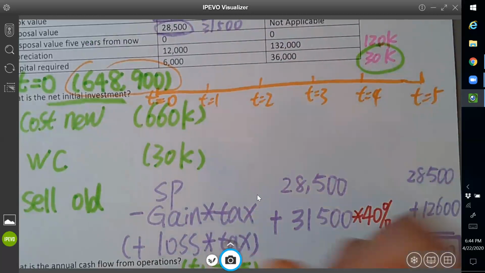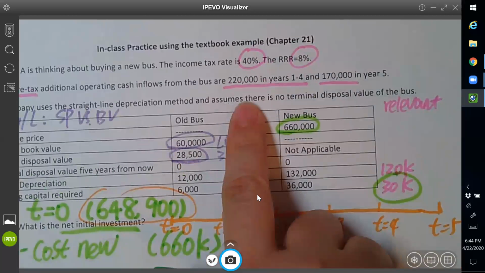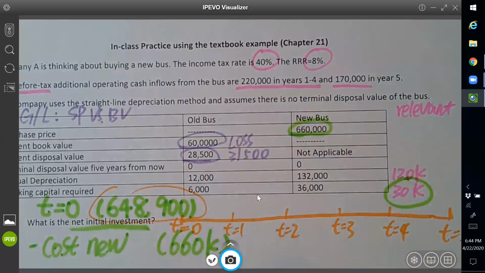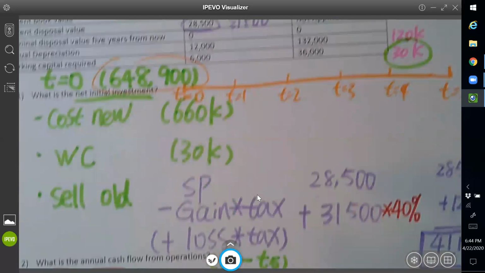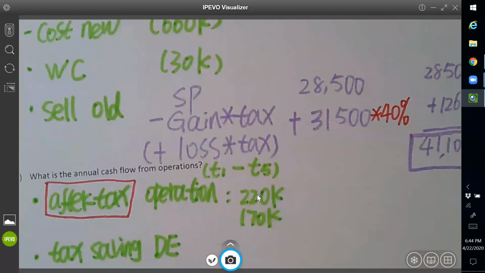After-tax cash flow from operation: the question told you very clearly, before tax, the first 4 years, every year is 220,000. And the 5th year is 170,000. So this is year 1 to year 4, 220,000. Year 5 is 170,000 before tax.